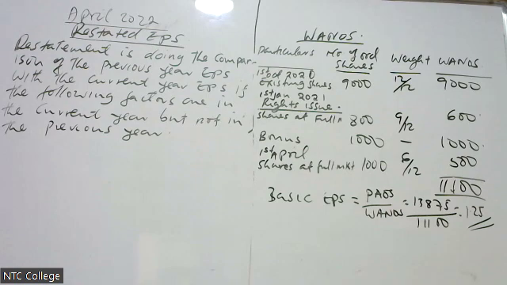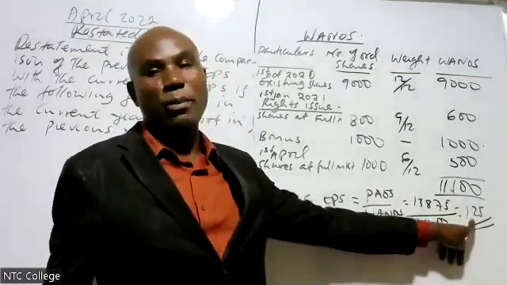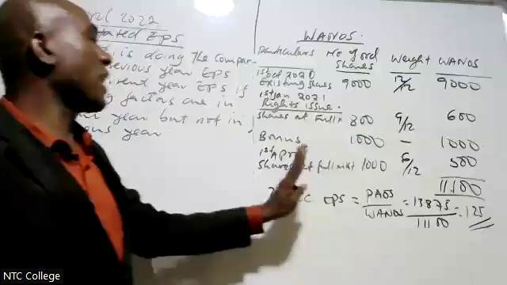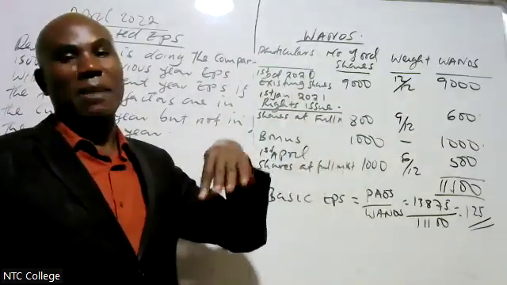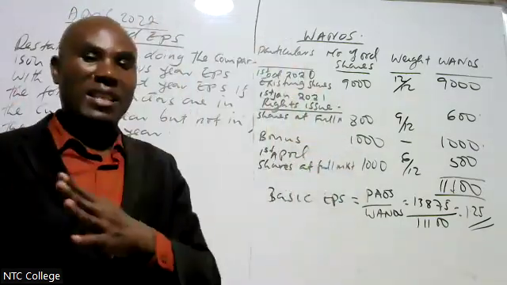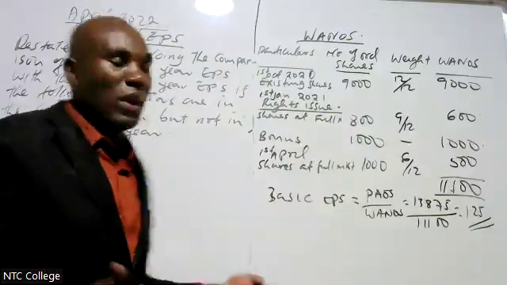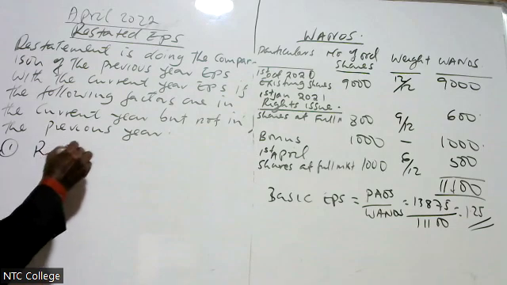If the following factors are in the current year but not in the previous year, then we are going to compare. Like this year, my EPS is 1.25. And in this year, there were some factors maybe that were not in the previous year. Therefore, we say, suppose these factors were also in the previous year, how will our EPS look like? Factor number one is the rights issue.